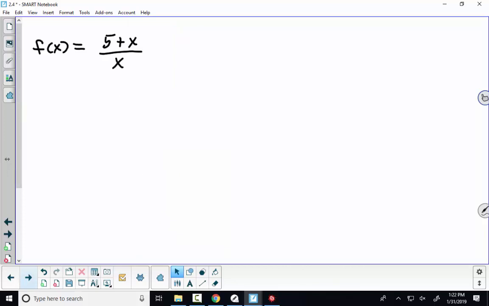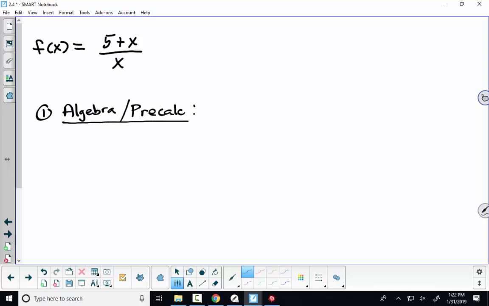Okay, so we'll look at the limit on this stuff in a moment, but just to refresh our memories on when we see functions like this, from an algebraic or maybe even a pre-calc sense, what do we know about that particular function, 5 plus x over x?